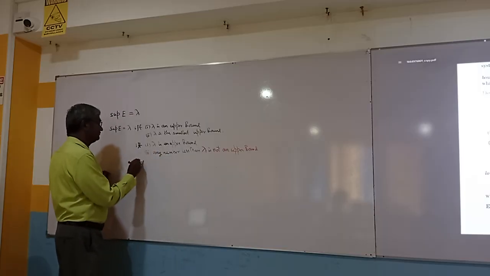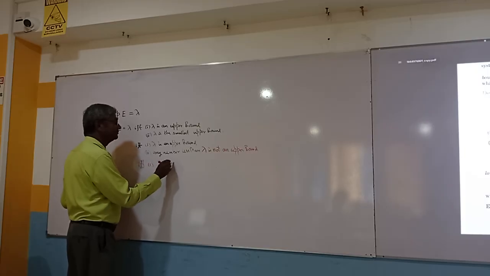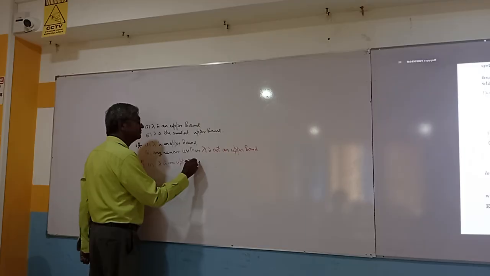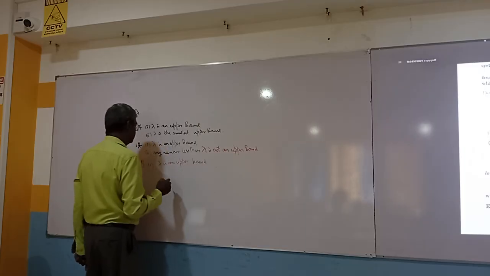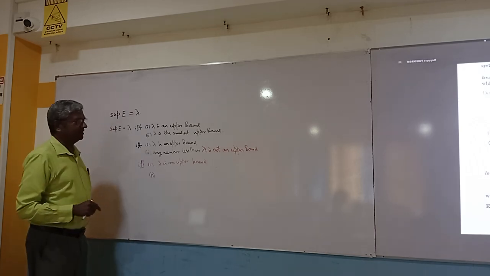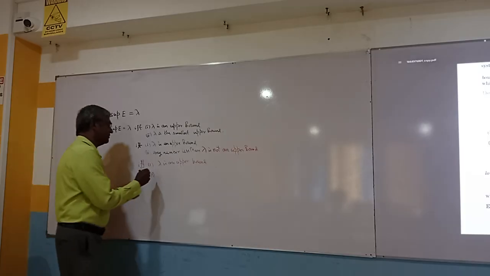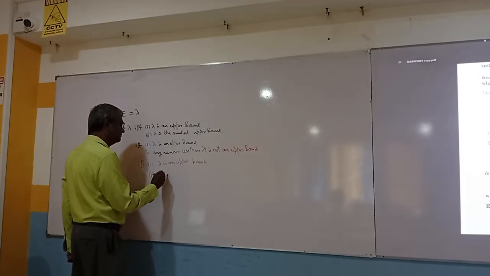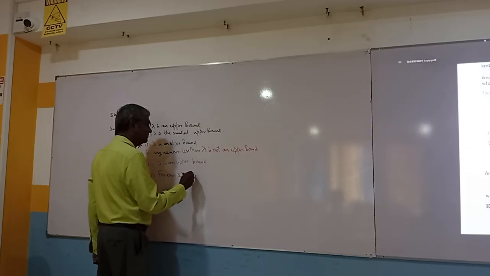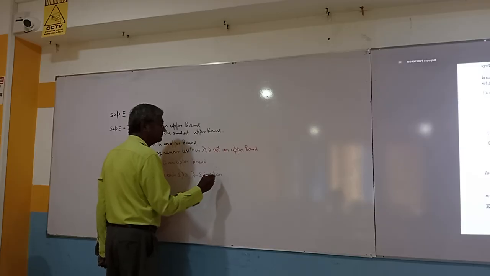Again, if and only if lambda is an upper bound, any number less than lambda can be written as lambda minus epsilon. What is epsilon? Epsilon greater than 0. Lambda minus epsilon is not an upper bound.